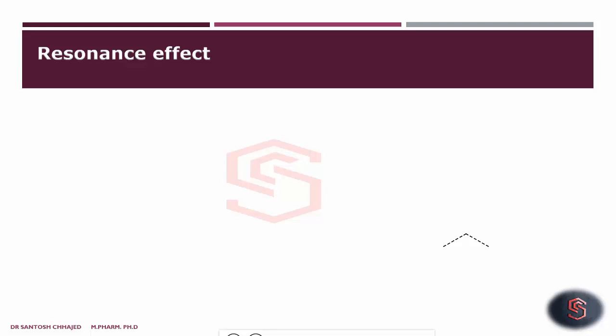So literally, in simple language, resonance is delocalization of electrons. De means change, localization means location. So electrons change their location from one place to another within the same molecule. This is important. Now which electrons? Not all. Only pi and lone pair of electrons.